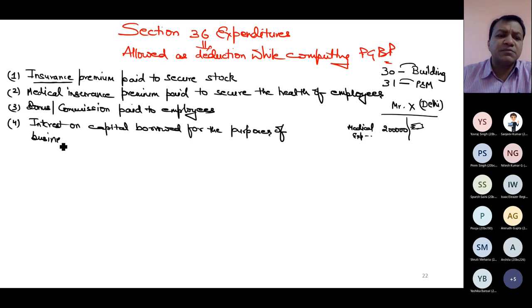Every businessman needs some money to run the business. So if that person has borrowed something, whatever interest that person is paying for that capital which is used for business and profession, that interest is allowed. There is no issue. Business or profession.